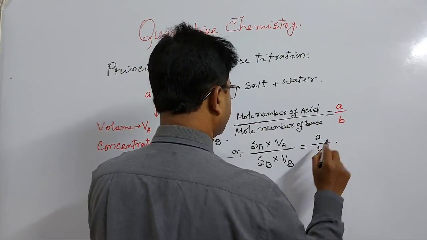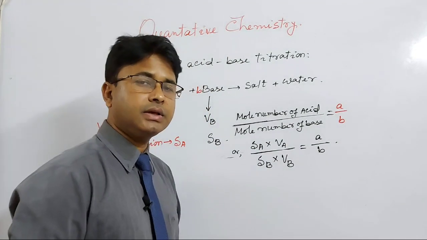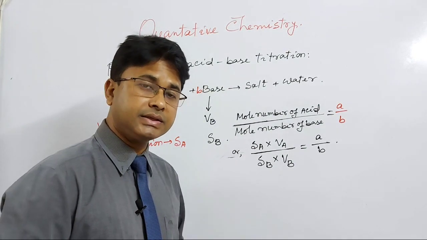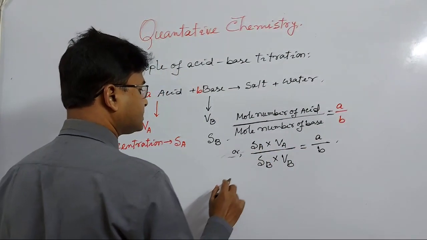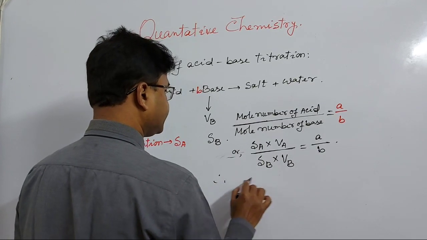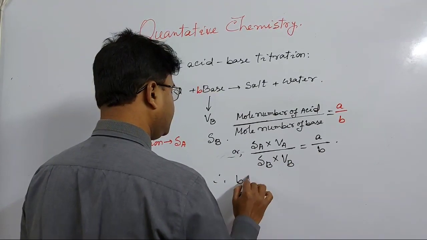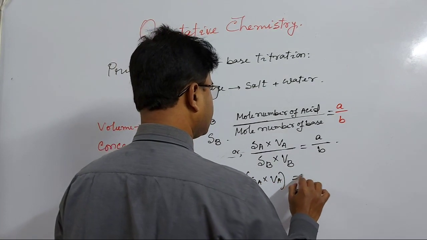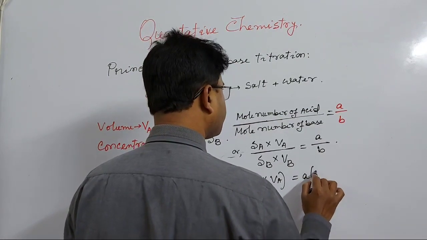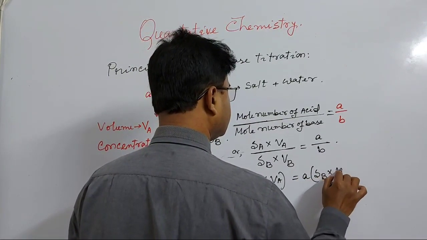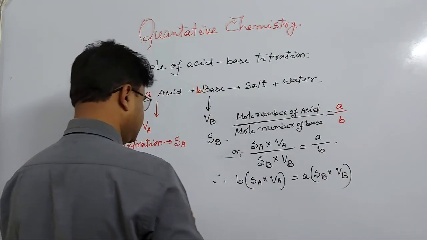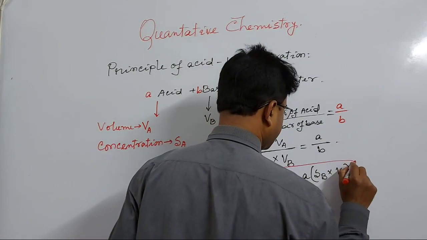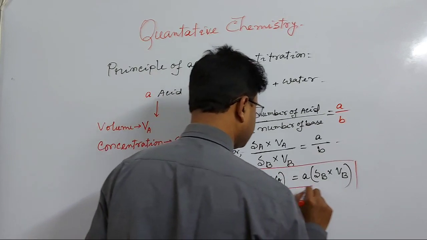A divided by B. It is noted that the volume of the solution will be in liter unit. So students, we can write here B into SA into VA is equal to A into SB into Vb. This is the principle of acid-base titration.